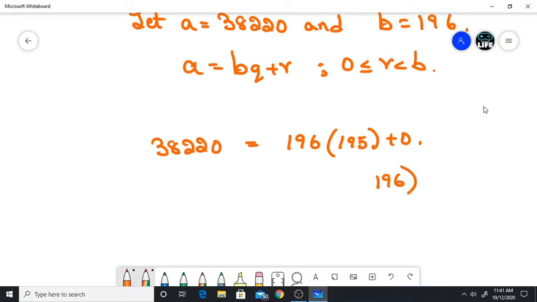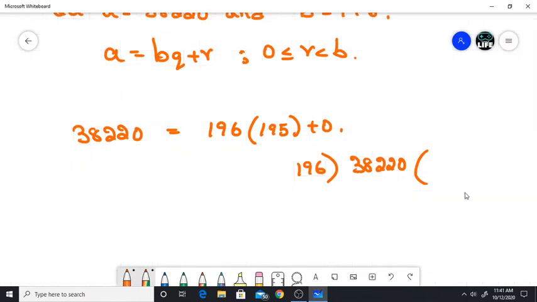Let's do this. At first, take one time. 196 into 1 gives you 196, and subtracting, we get 188 after borrowing.